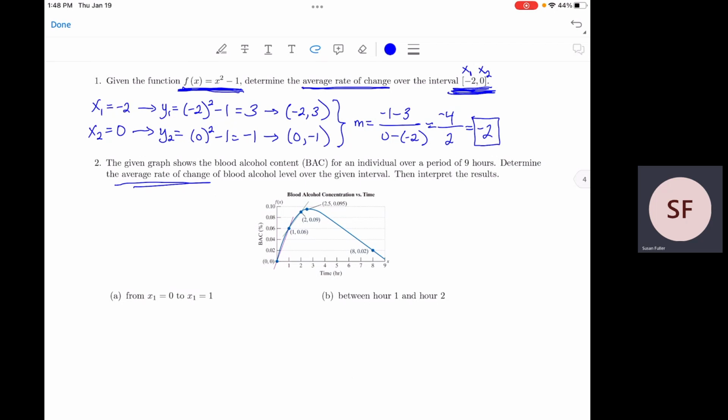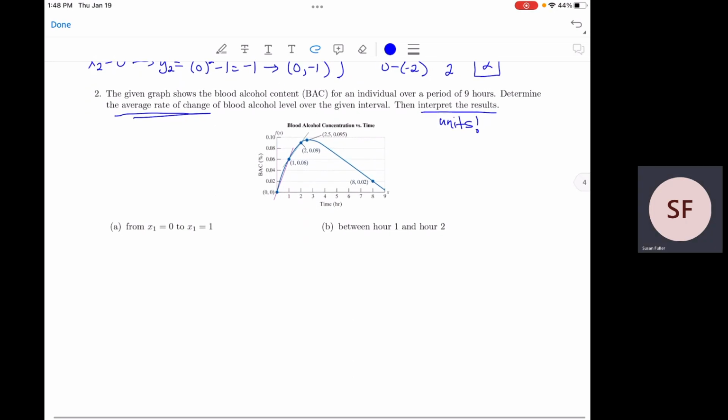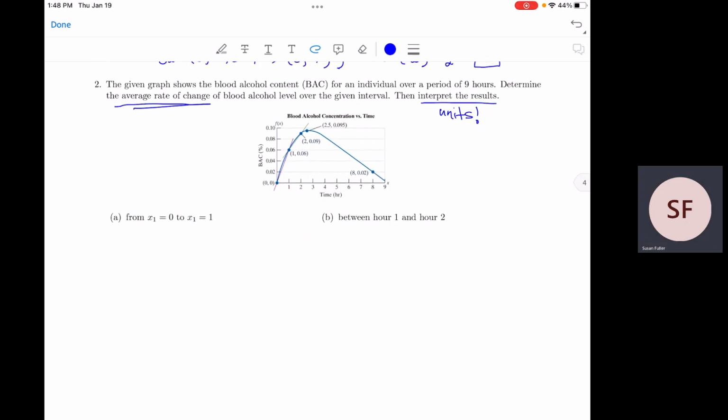And then we need to interpret the results. This is where units are going to be super helpful. All right, so let's just start with this. So first we have to find the average rate of change, then we have to interpret it.